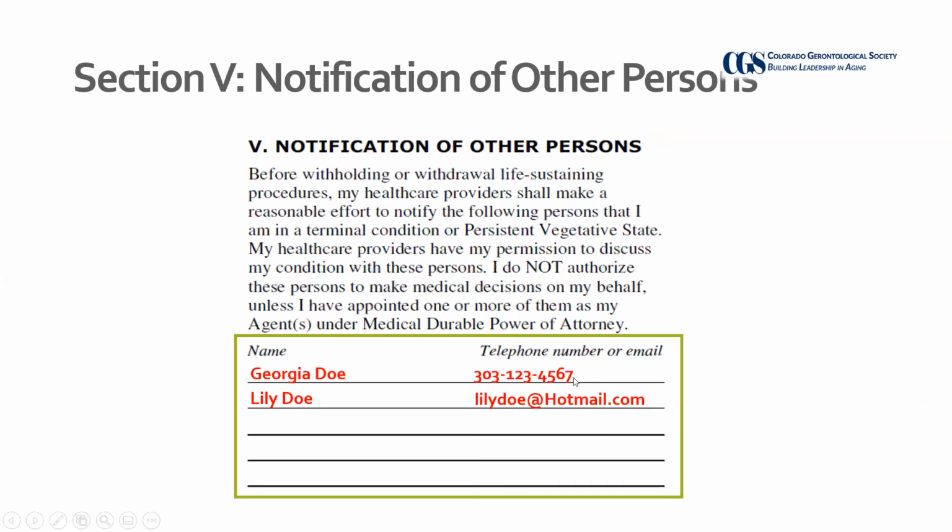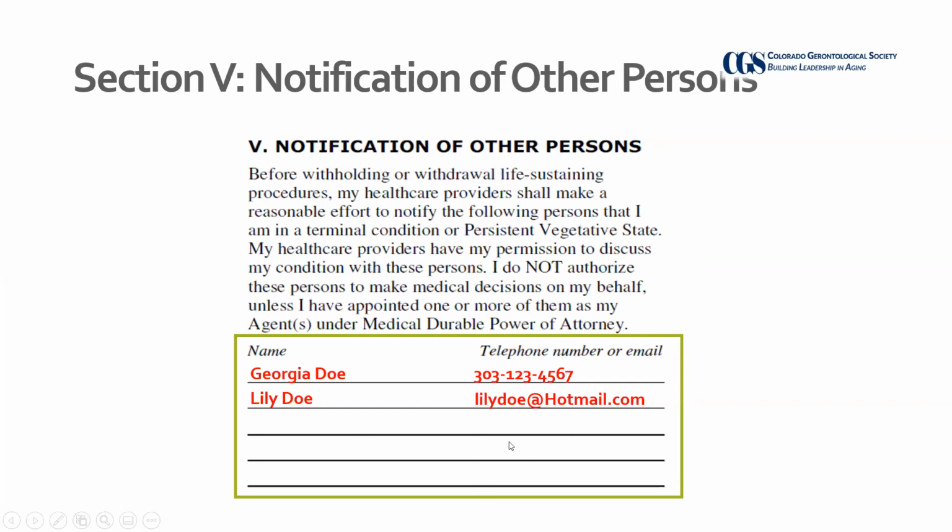Make sure that when you're listing a phone number, you include the entire phone number, including area code and the full phone number, okay? Secondly, if you're going to give an email, make sure it's the entire email. There's many times that I've seen that individuals will only list the first part.